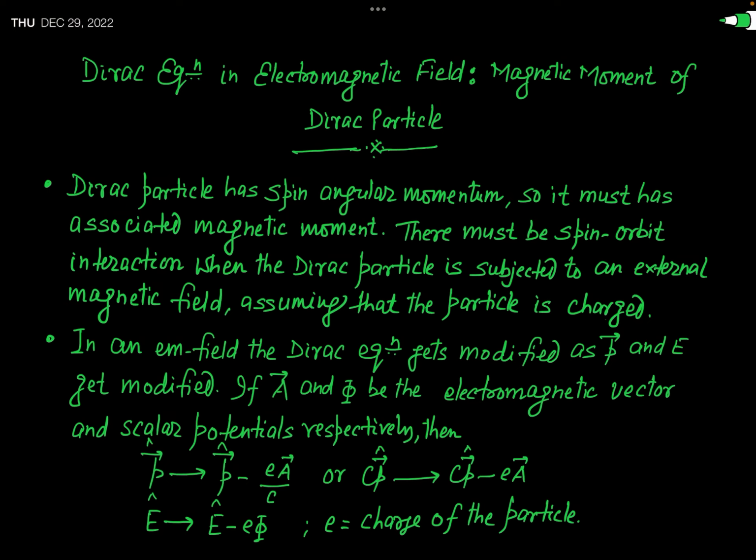So first of all, to discuss the magnetic moment associated with the spin angular momentum of the Dirac particle, we will see what the Dirac equation will be when we place the Dirac particle in an electromagnetic field. You know, an electromagnetic field is characterized by two potentials, in which one potential is called the magnetic vector potential, denoted by the symbol vector A, and the other is called the scalar potential, denoted by the symbol phi.